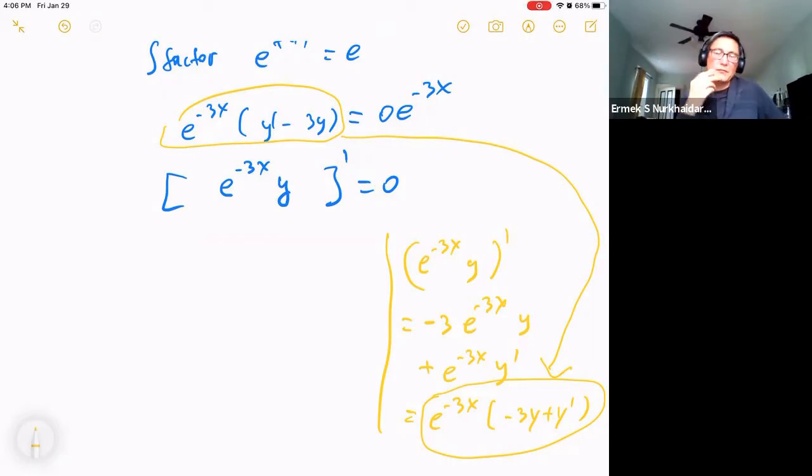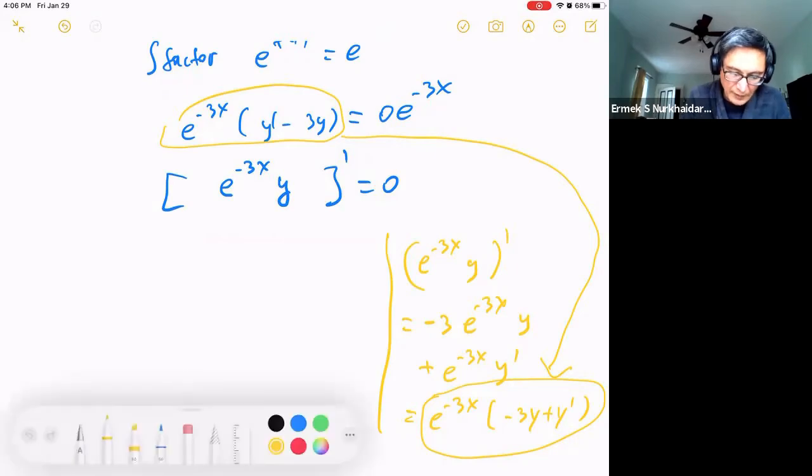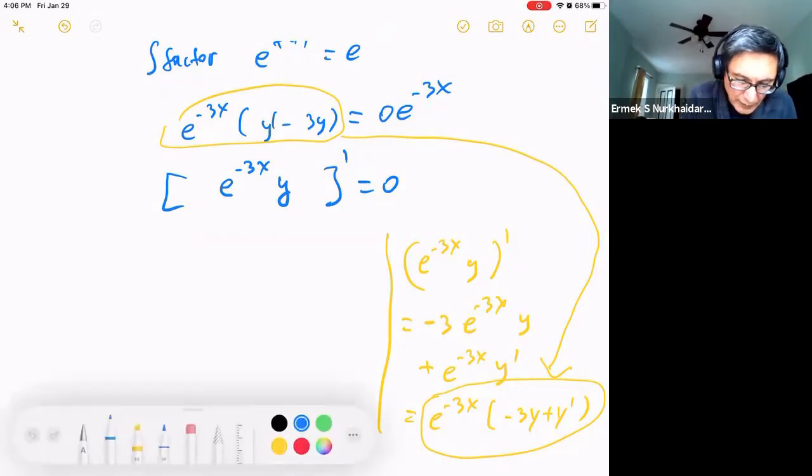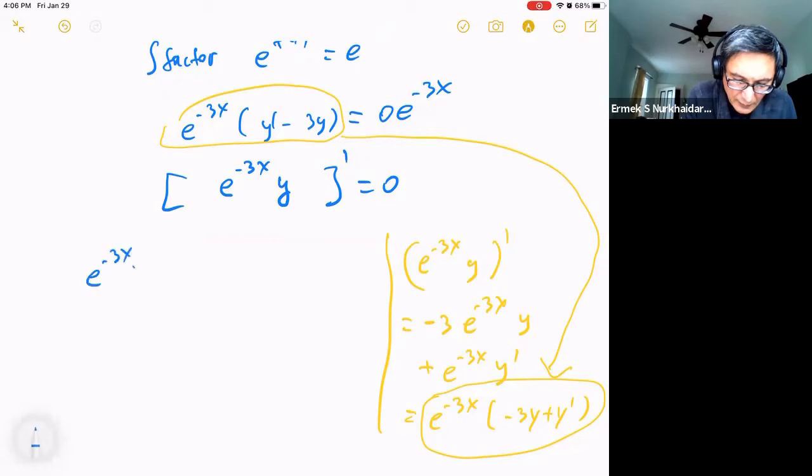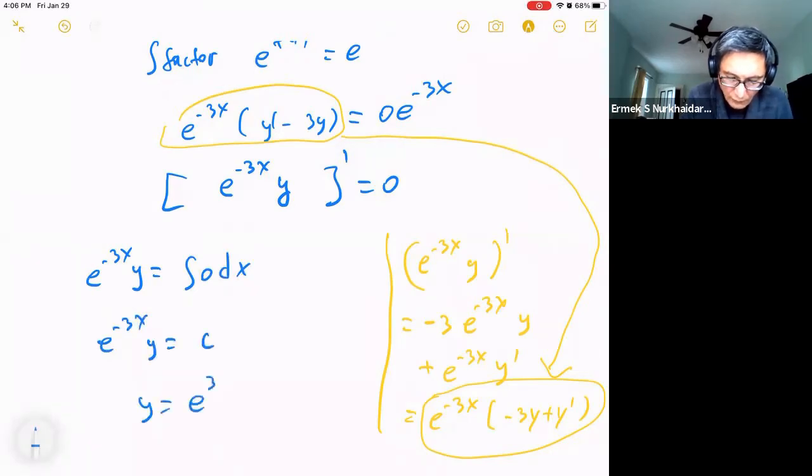Otherwise, down the road, we'll just run through it and say that's the derivative of a product. Then taking the antiderivative, we get e to the -3x y equals the antiderivative of 0 dx, which is a constant, so y equals e to the 3x times a constant.